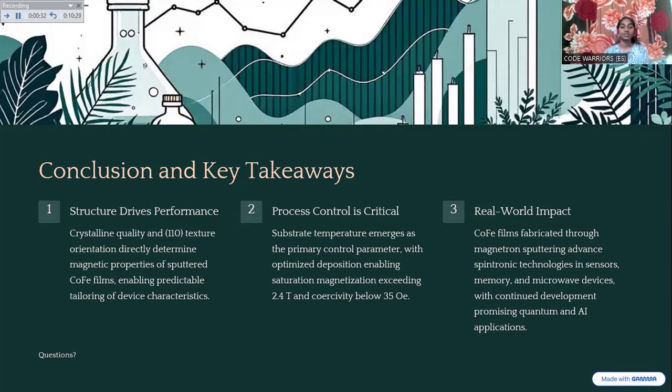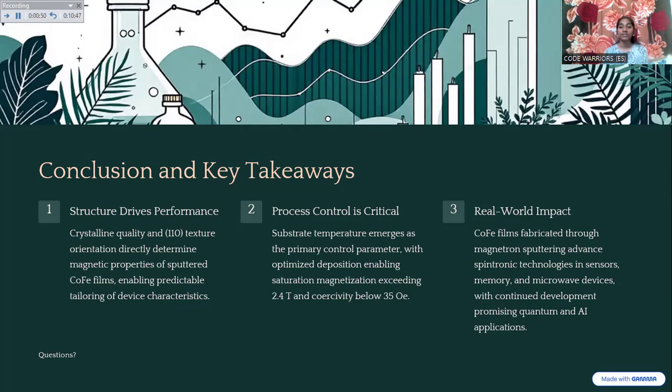Process control is crucial. Substrate temperature emerges as the primary control parameter, with optimized deposition enabling saturation magnetization exceeding 2.4 T and coercivity below 35 Oe. Real world impact.